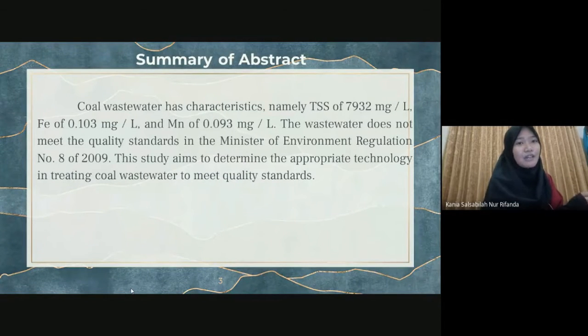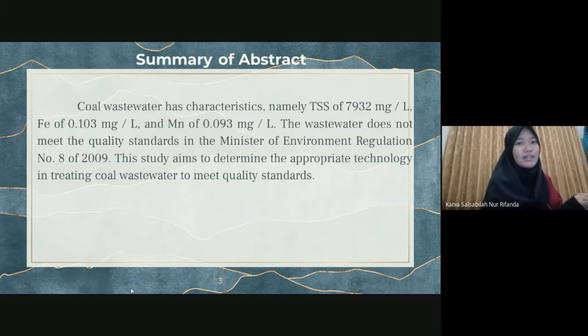The summary of the abstract: coal wastewater has the following characteristics, namely total suspended solid of 7,922 milligram per liter, ferrum of 0.103 milligram per liter, and mangan of 0.093 milligram per liter.